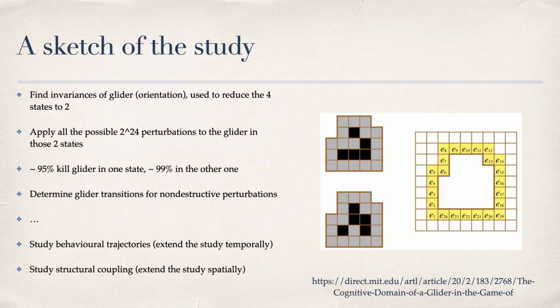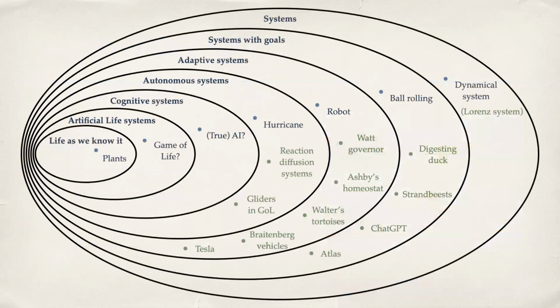It is adaptive because it can resist some perturbations. Not all of them, actually a really small number of them, but it can adapt to some of them. And I would say it's autonomous because it determines its own existence by the way it is acting. So I would say the glider in the game of life is an autonomous system.